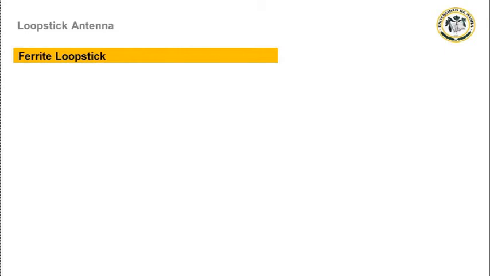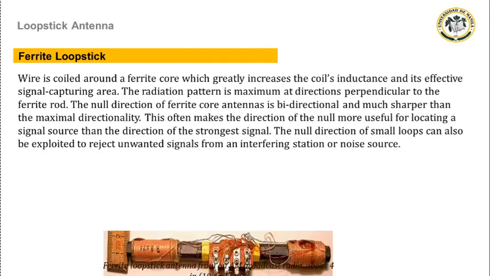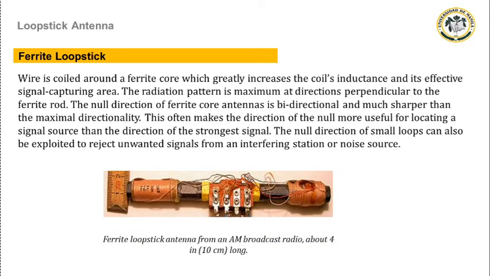They are used as the receiving antenna in most consumer AM radios operating in the medium wave broadcast band and lower frequencies. Wire is coiled around a ferrite core, which greatly increases the coil's inductance and its effective signal capturing area. The radiation pattern is maximum in the direction perpendicular to the ferrite rod.